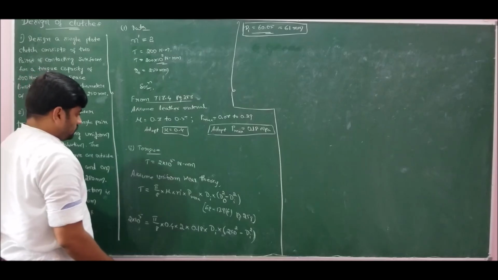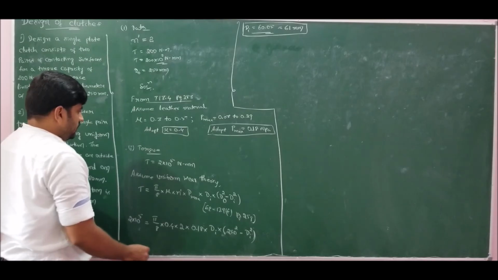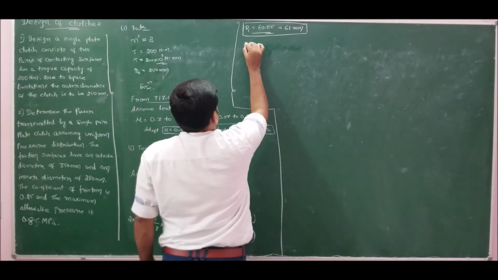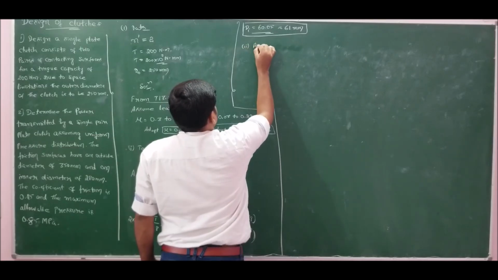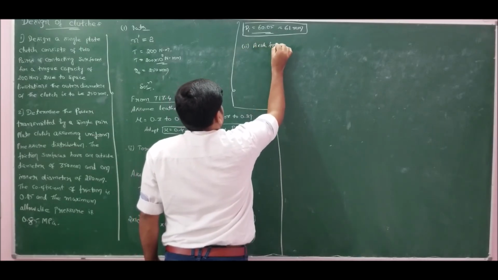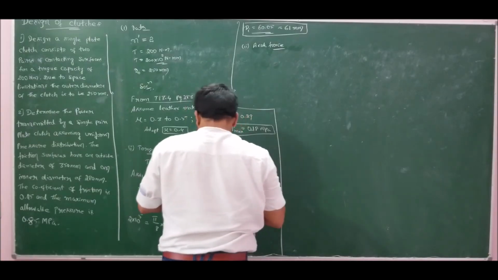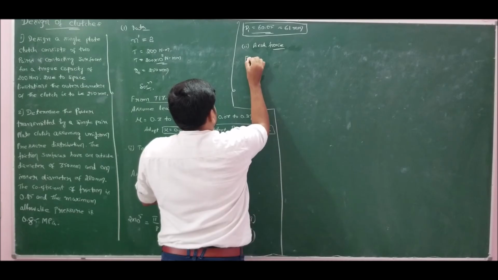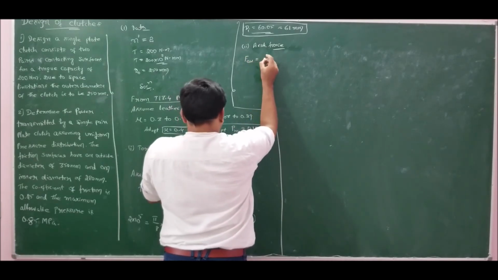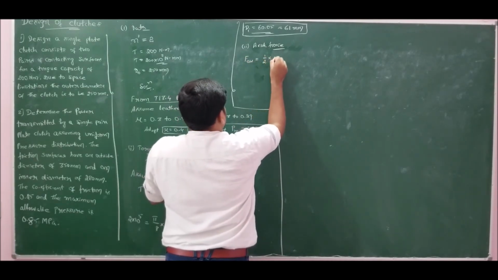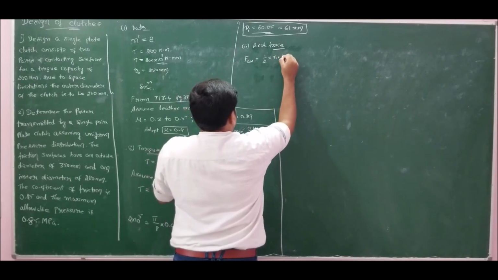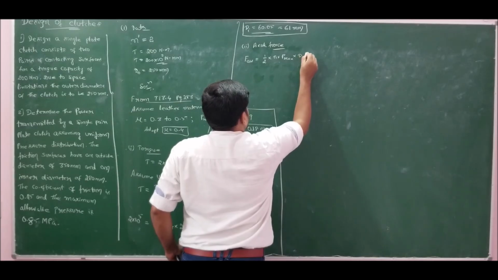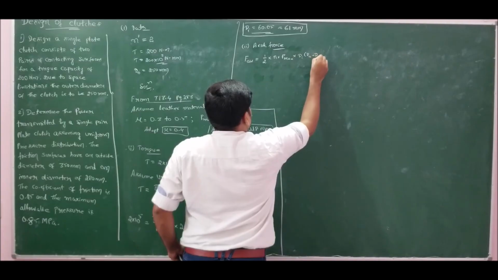Now we have calculated the diameter with the help of torque. Next, if I move to the calculation of axial force, we know that the expression for axial force based on uniform wear theory is Fa equal to 1 by 2 pi P max times di of d naught minus di.